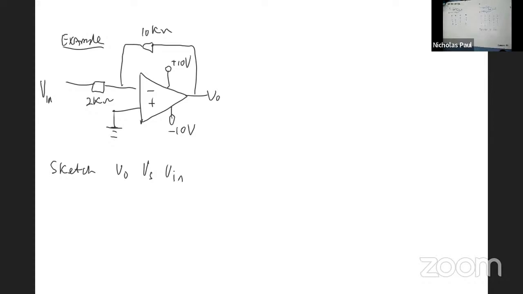Does that look like a resistor? Huh? Does that look like a resistor? Right, so what I want you to do for me is sketch out, please, sketch V out versus Vn.